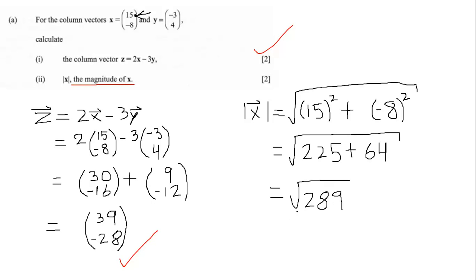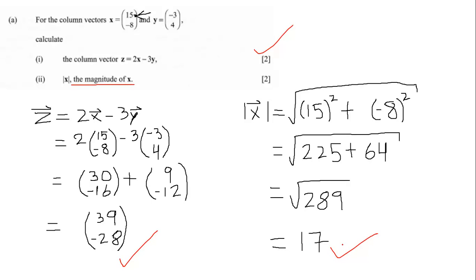You can put the square root of 289 in your calculator and you should get 17, because 17 times 17 is indeed 289. And so there you have it. That is how we calculate the magnitude of x. The magnitude of x is 17.